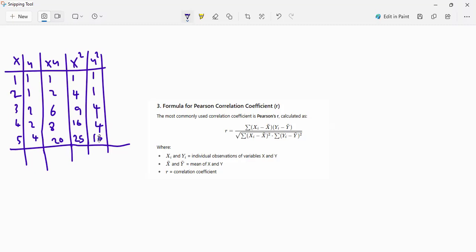What do we get on the totals? Summation of x here, summation of y here, summation of xy, okay? Summation of x squared, summation of y squared.